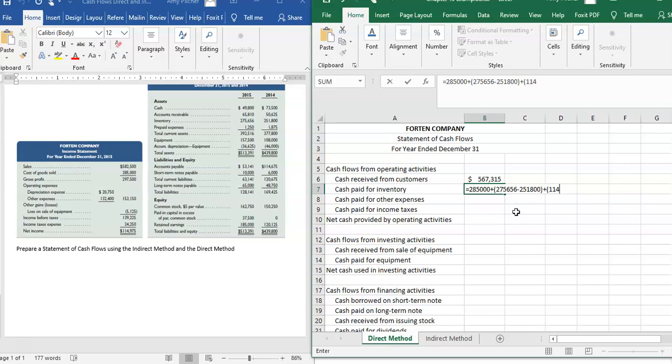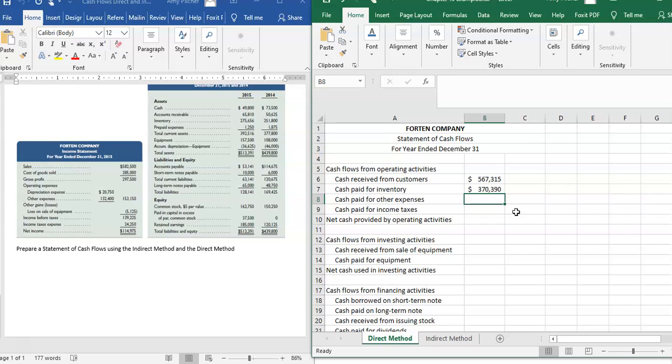We had $114,675 minus the $53,141. So we have cash paid for inventory of $370,390.